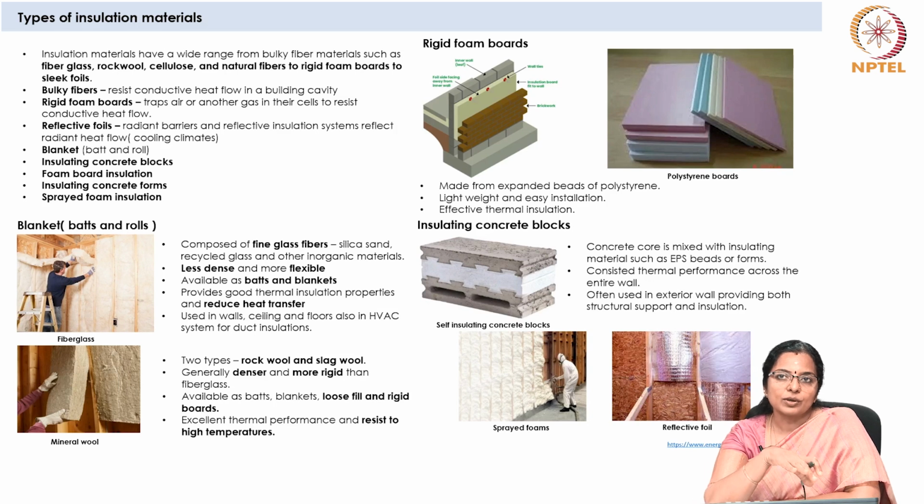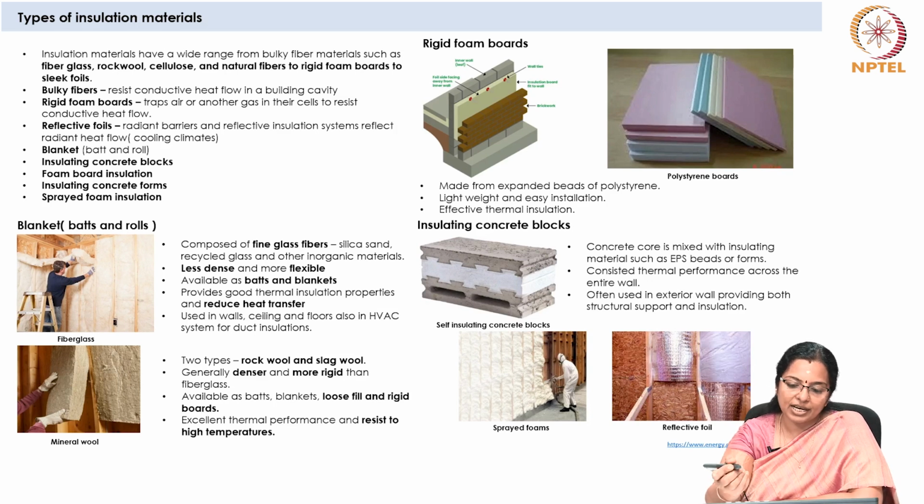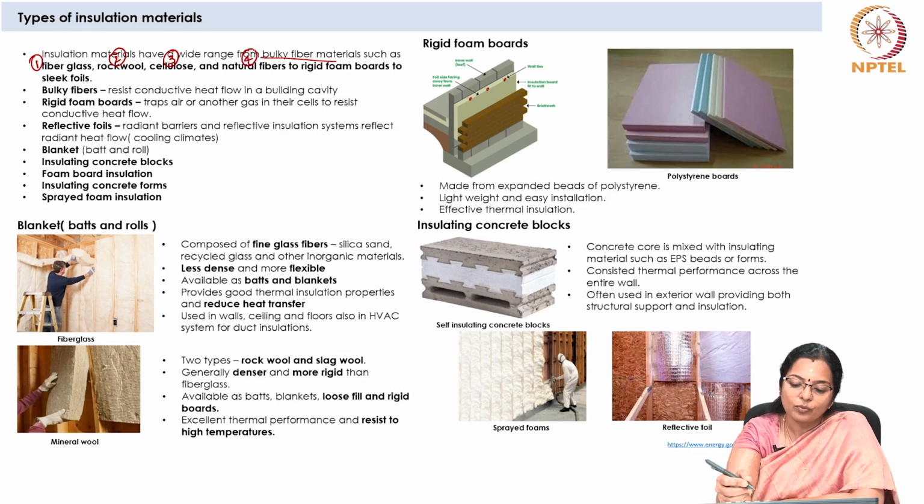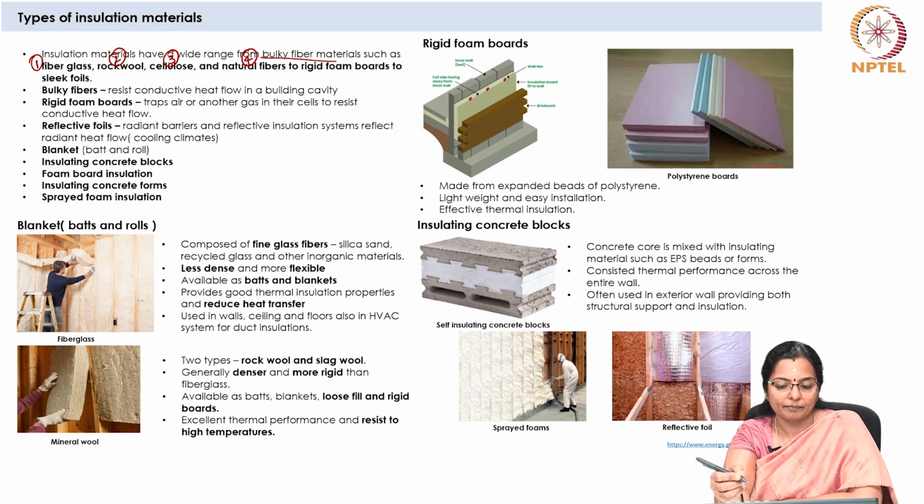Now, these insulation materials have a wide range of classification, from bulky fiber materials such as fiberglass, rock wool, cellulose, and natural fibers to very rigid foam boards and sleek foils.